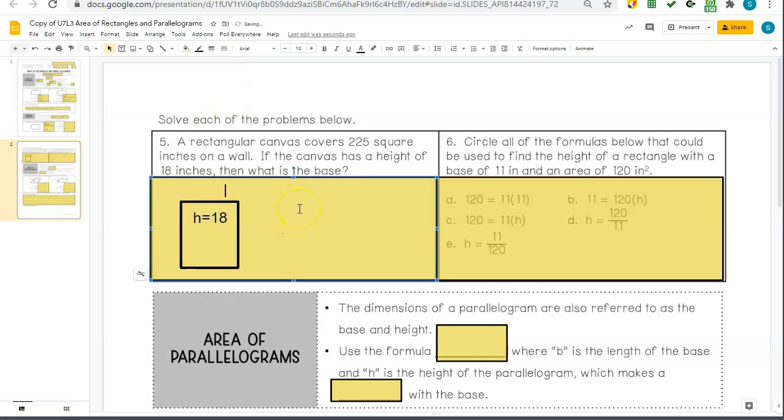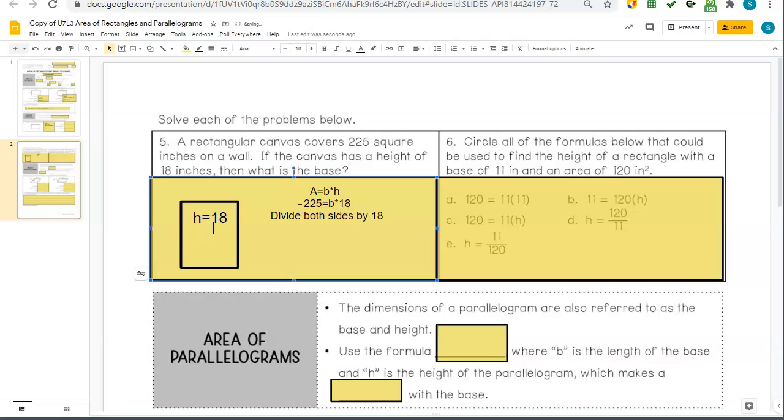Alright, now, so we know our area equals base times height. And we can say our area is 225. And that is going to equal base times 18. Well, how are we going to solve that? Divide both sides by 18, right?